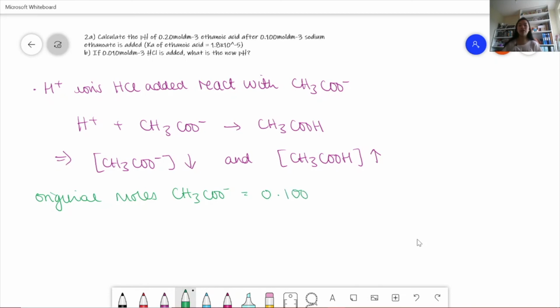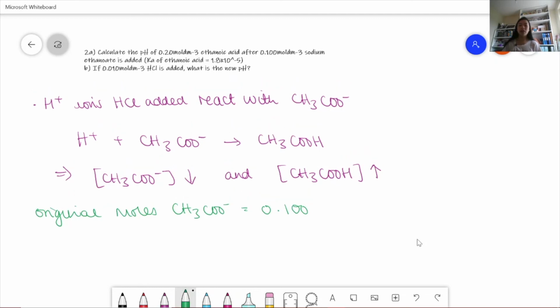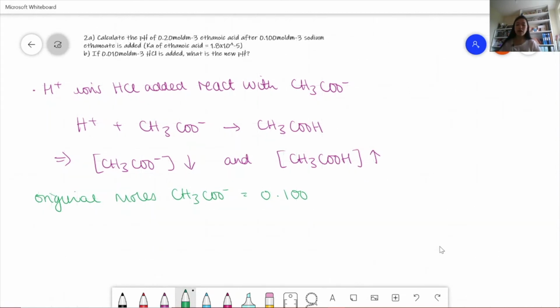Because no volumes are given, we can just assume that everything is in a decimeters cubed, because it'll just cancel out anyway. And so we have 0.100 as the moles, and then we have the original moles of the ethanoic acid, and this is equal to 0.20 moles.